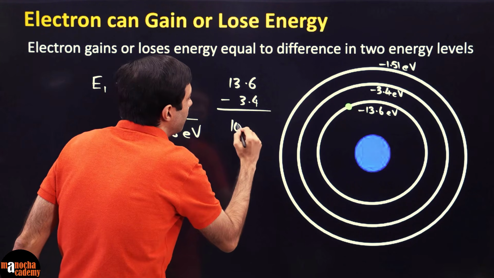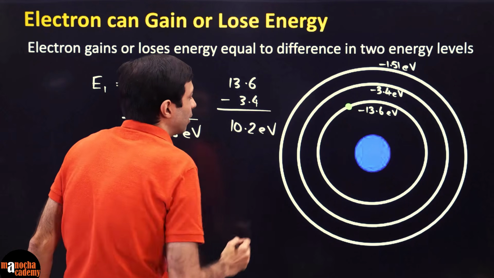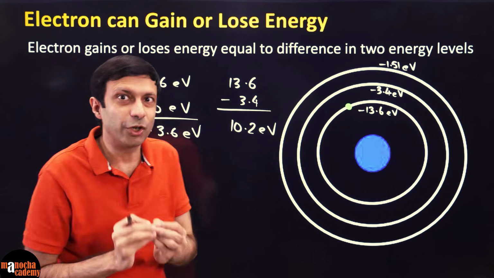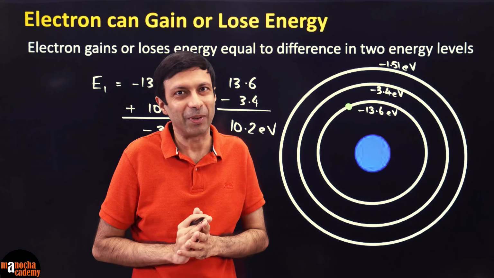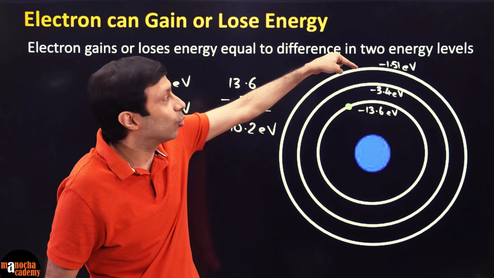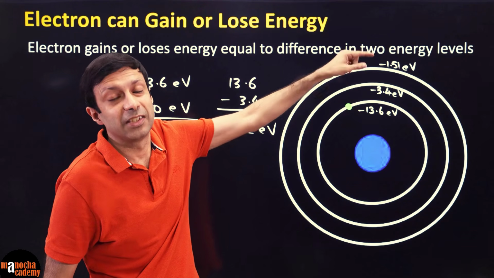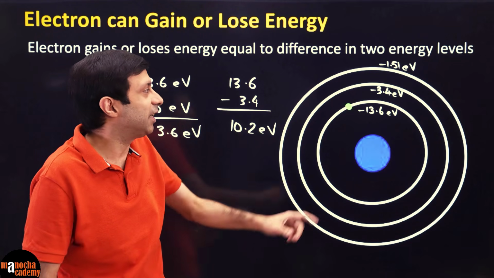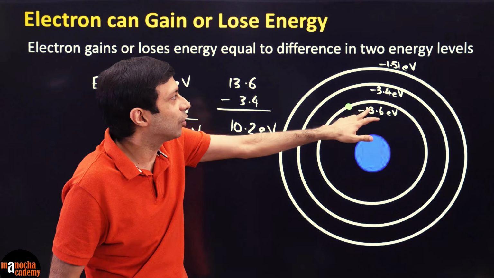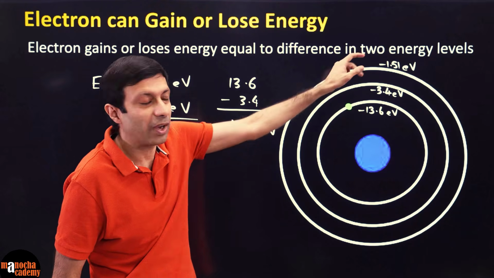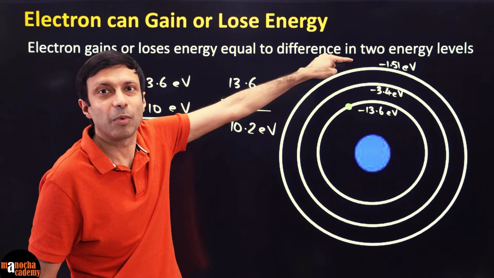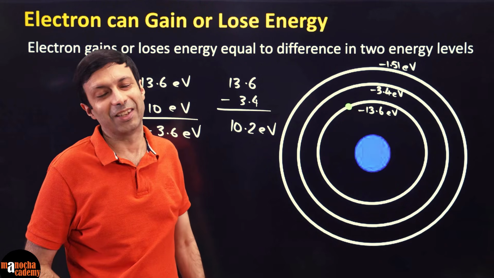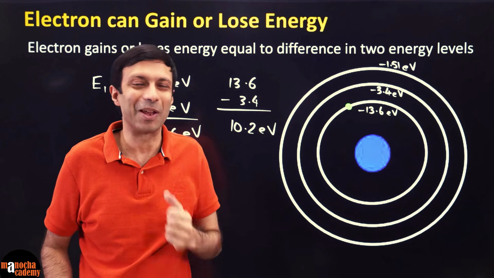Correct, 10.2 electron volt. So if you give it 10.2 electron volts, then it is very happy because now it can go to the next shell. Similarly, you can calculate how much energy is needed by doing a subtraction of 13.6 and 1.51. It will take exactly that amount of energy to go to the third level, just like your video game character.